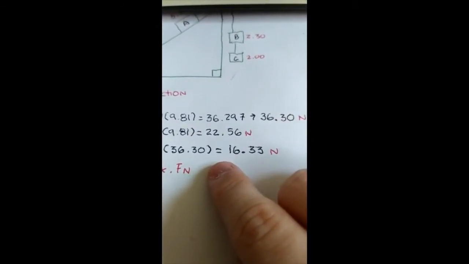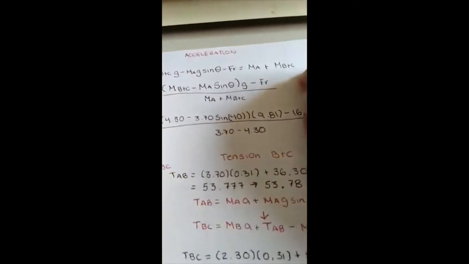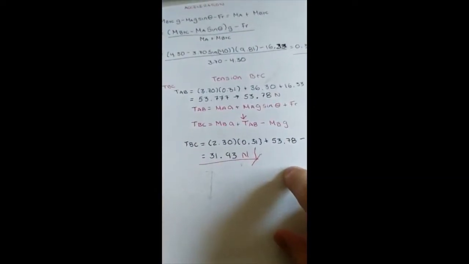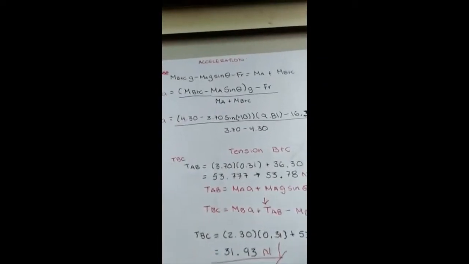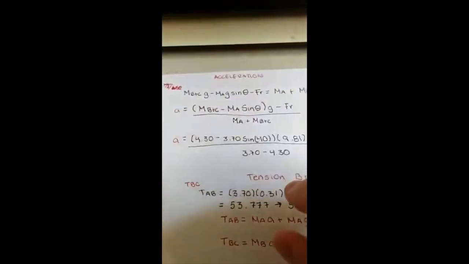That's it. The answer is 16.33. Finally, we have the friction. The next step is to find the acceleration, because we can't find the tension of B plus C if we don't have the acceleration. The acceleration is really easy.